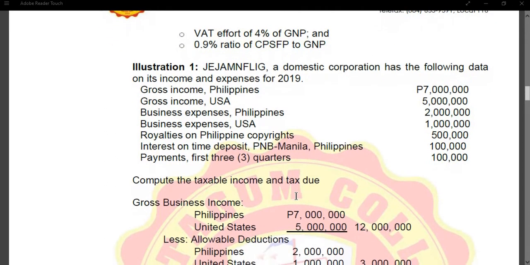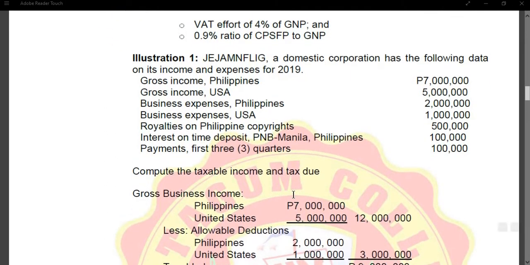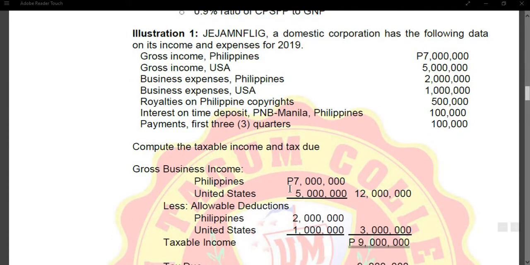To compute the taxable income and tax due, you first get the gross business income. Because the taxpayer is a domestic corporation, both the income from the Philippines and from USA will be subjected to income tax.